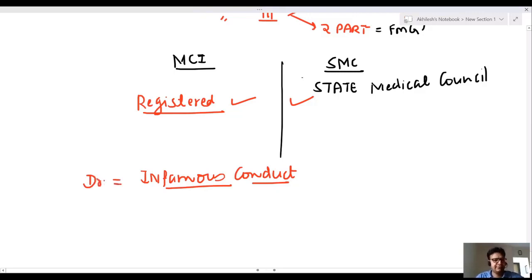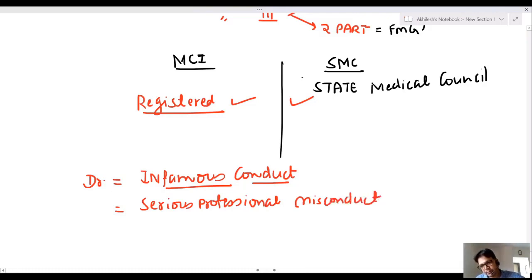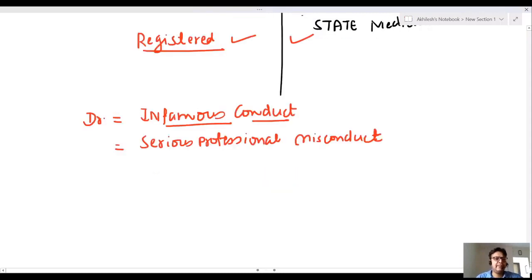What is infamous conduct? Serious professional misconduct is known as infamous conduct.